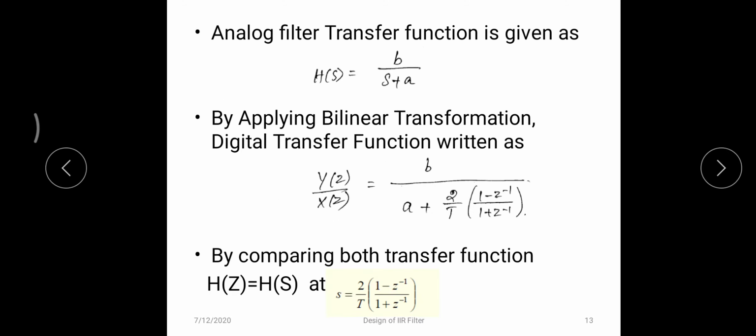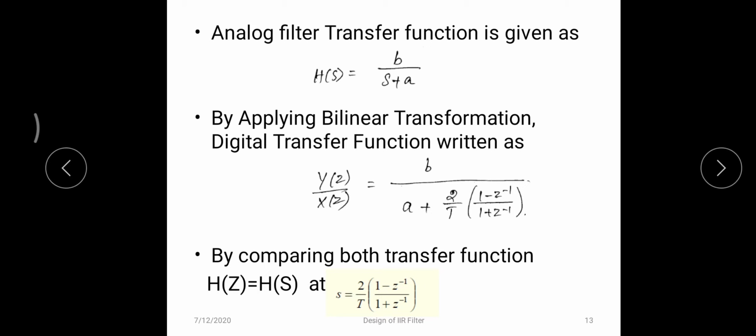Now to get the relationship between analog filter and digital filter, once again I consider the analog transfer function H of s is equal to some constant b divided by s plus a. If I apply bilinear to the above transfer function, then the corresponding digital transfer function is b divided by a plus 2 by T into 1 minus z inverse divided by 1 plus z inverse.